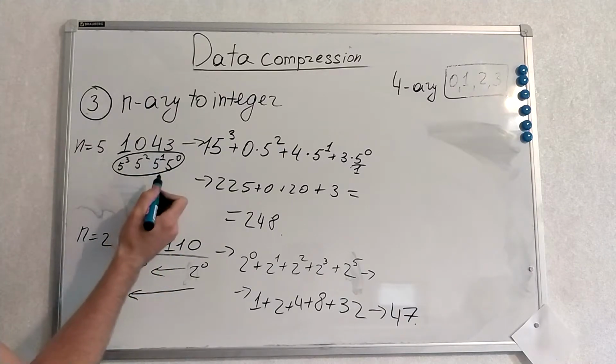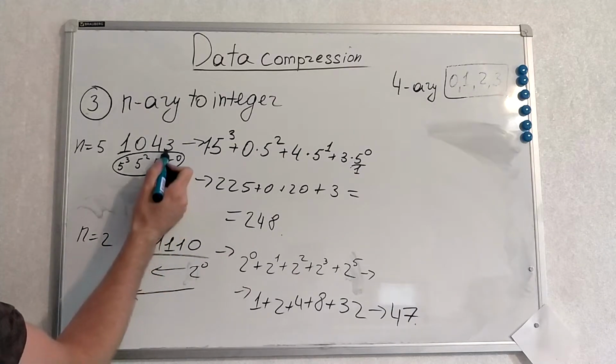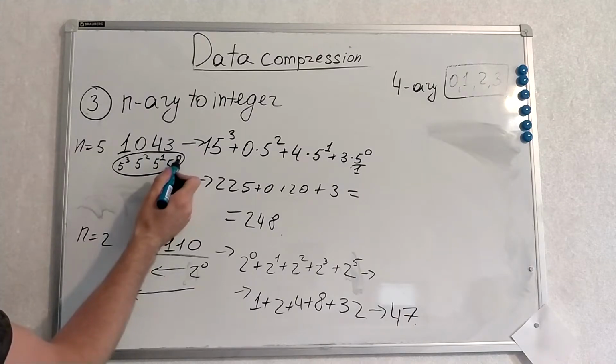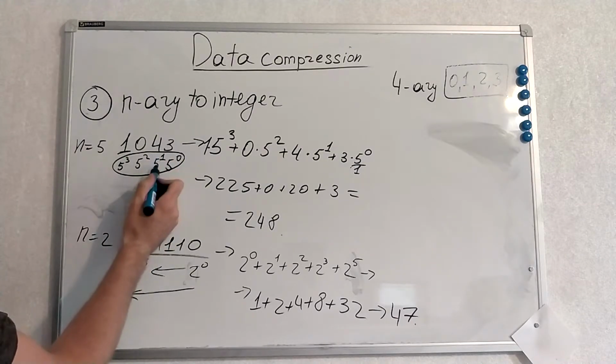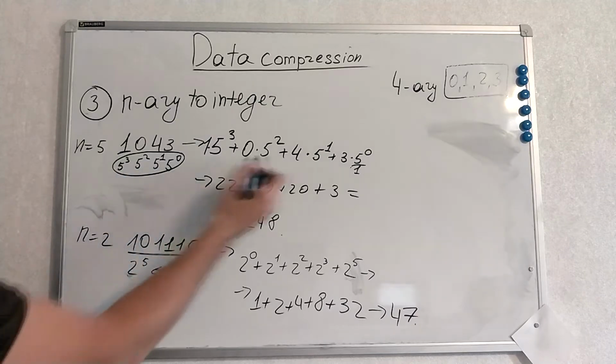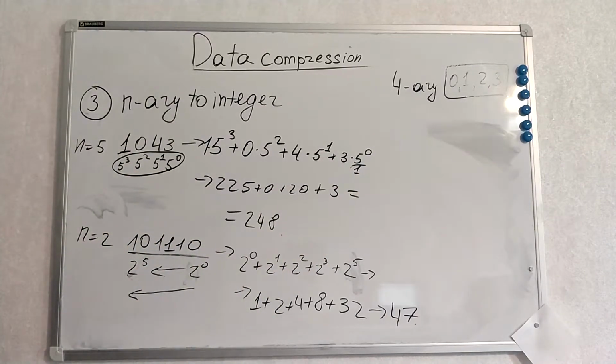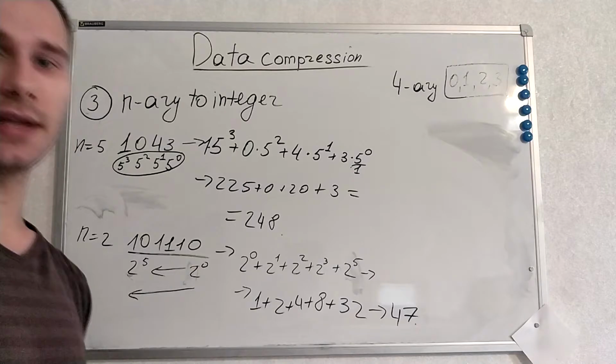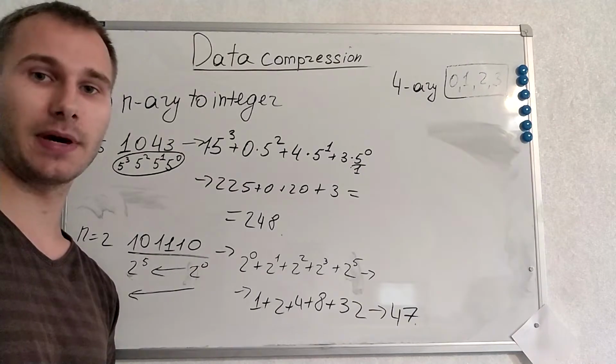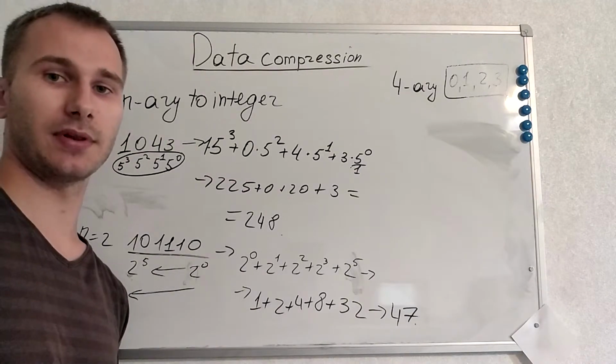Okay, here is a good example. We multiply 3 by 5 to the power 0, 4 by 5 to the first power, etc. And we produce our numbers like that. It works in absolutely the same manner with binary numbers, but I will give you an example right now.